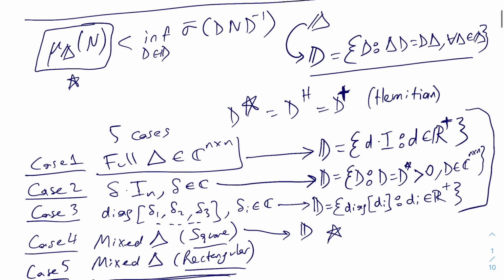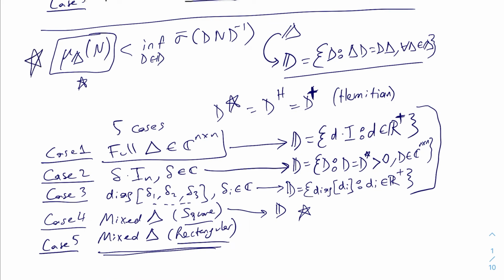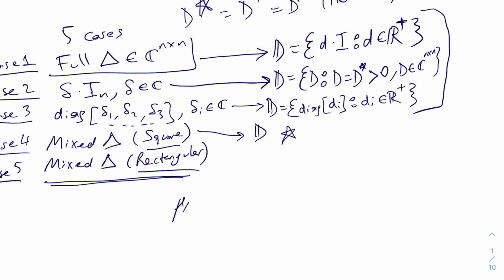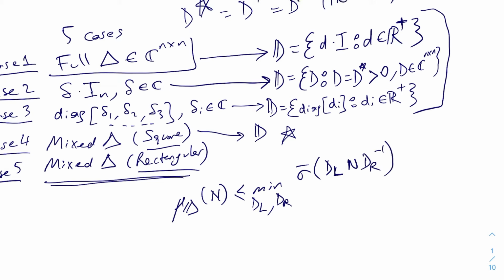But what was the problem? The problem is this, right? And for this problem, we minimize or infimum, right? We will have something called dl as in left and dr as in right. Okay, again sigma max of dl and dr inverse. Okay, for uncertainties, this is complex math.